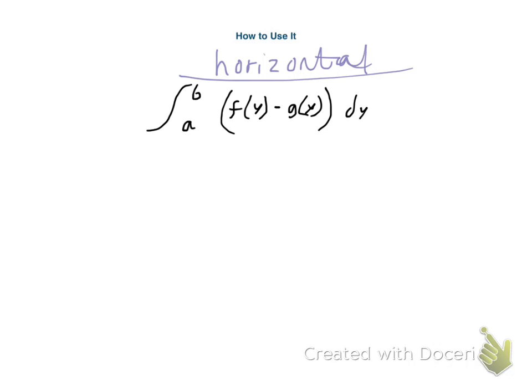You'll see how the formula is used and how it's different from the vertical slicing formula in the example problem video. I wanted to introduce you to why it works. Usually I don't show why it works before the example problems, because I care about showing how to do it first.